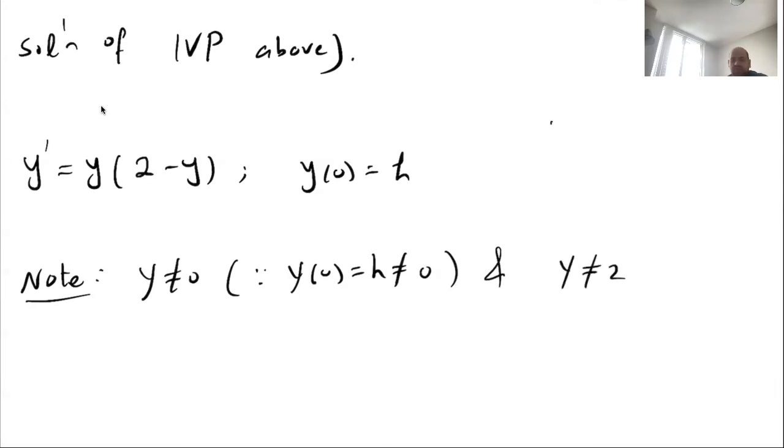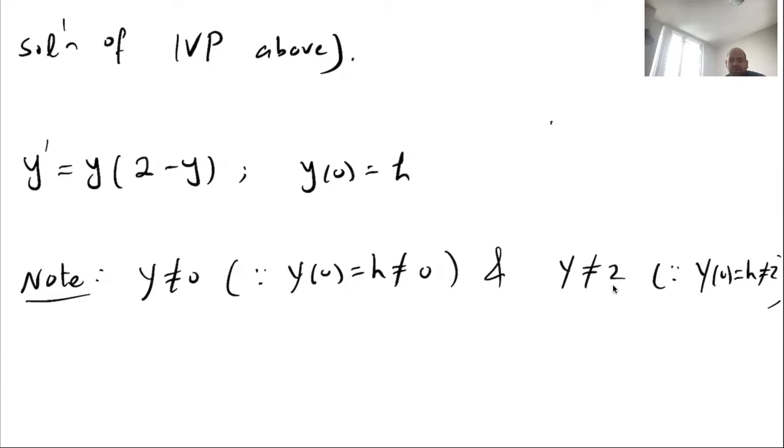When we say y is not 0, we mean it's not the constant function 0, because at least at some point it's non-zero. Similarly, it's not the constant function 2, because at some point it is h, which is not 2. I can assume that h is not 2 because we said h is a small positive or negative number.